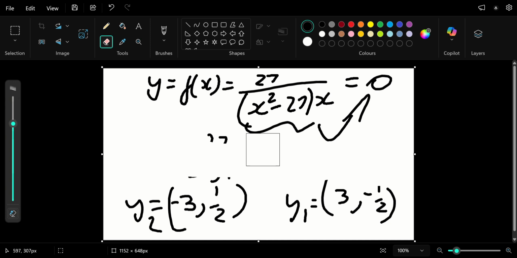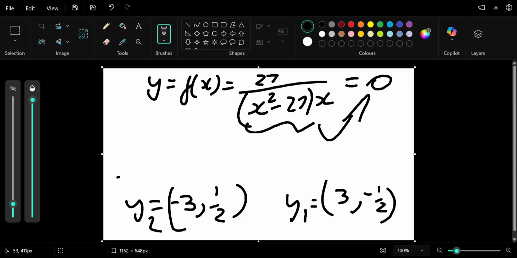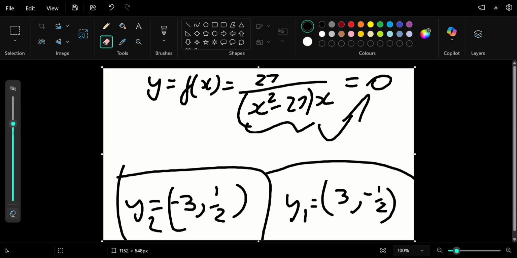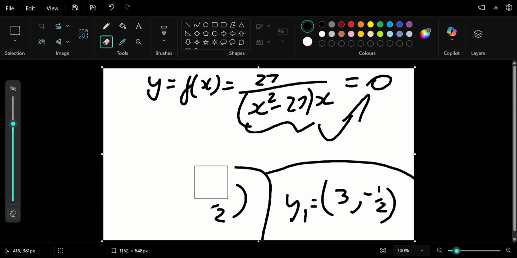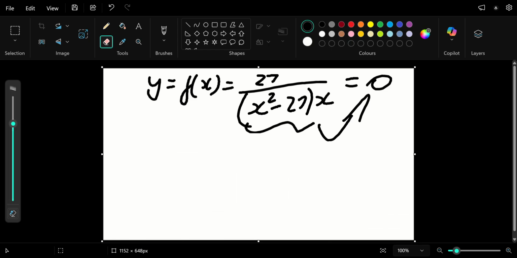Now that we found our stationary points, you can find their nature. You can do this by, again, differentiating, or just taking points on either side and seeing what the gradient looks like. So keep in mind that these two are our stationary points, and now we're going to look for their nature.